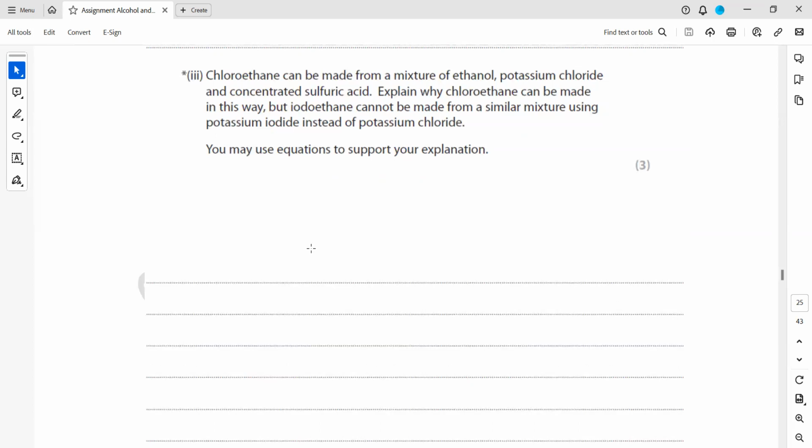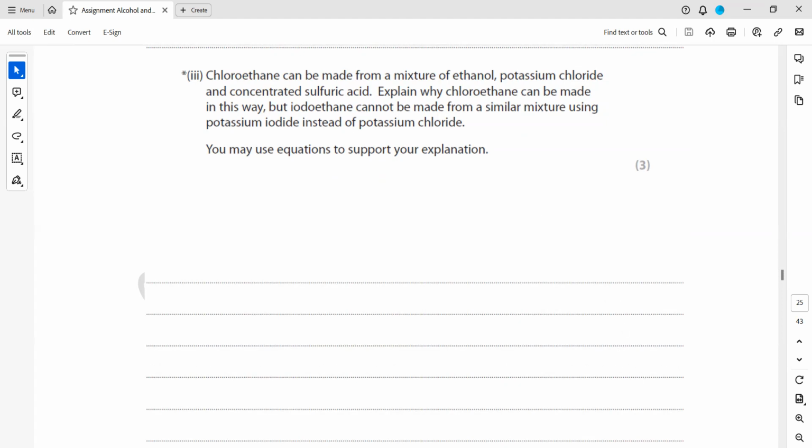Chloroethane can be made from a mixture of ethanol, potassium chloride and concentrated sulfuric acid. Why can chloroethane be made in this way, but iodoethane cannot be made by a similar mixture using potassium iodide instead of potassium chloride? You may use equations to support your explanation.